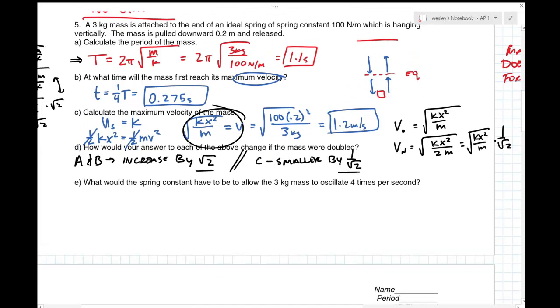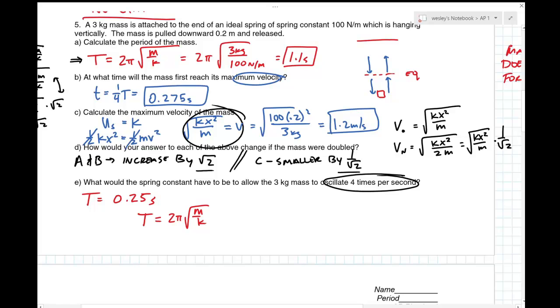All right, now we're going to get a new period. The oscillation is 4 times per second. So if the oscillation is 4 times per second, the period is 0.25 seconds per oscillation. To get this new spring constant, I know that the period is 2 pi times the square root of m over k.